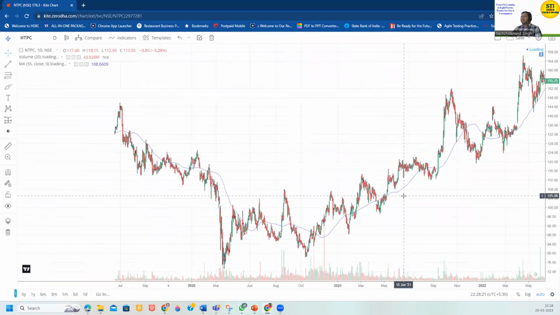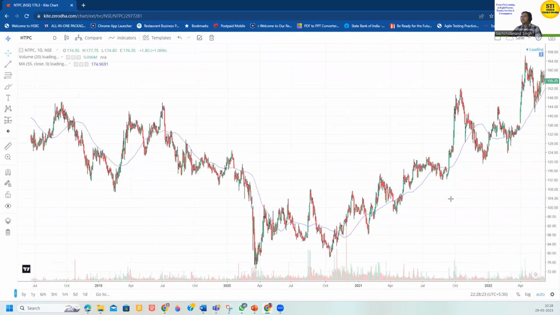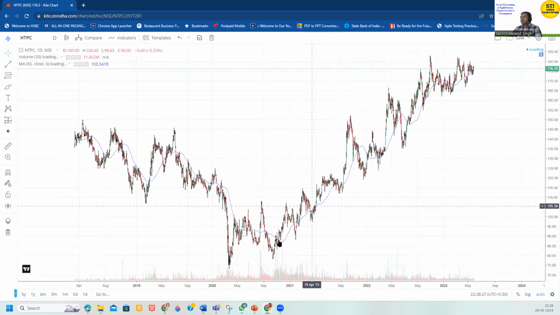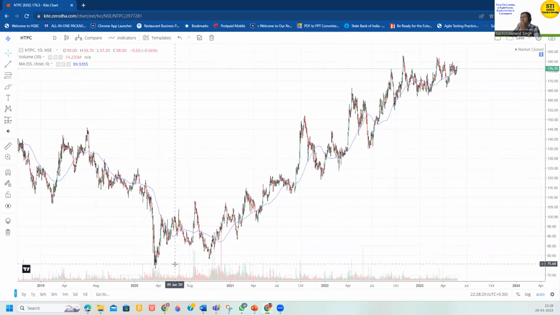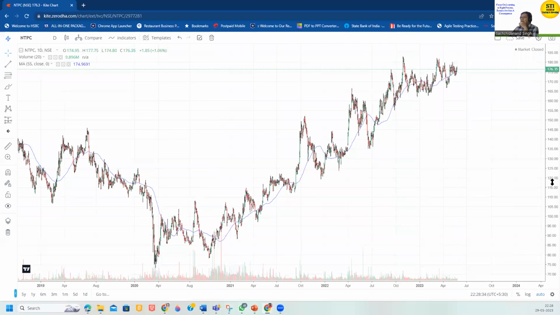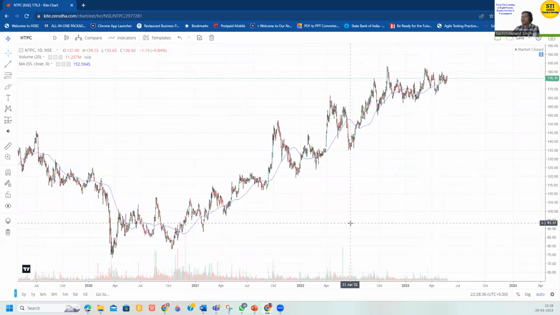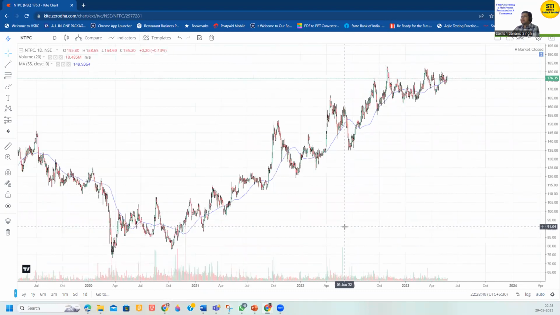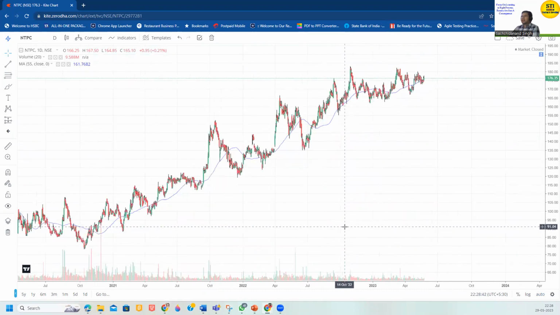So this is the daily time frame, and yeah, till 2020 or even 21 also, it was a downtrending stock, but after that it has changed its direction, right?